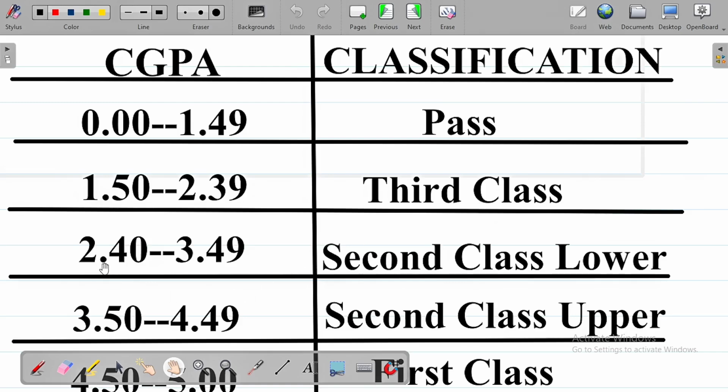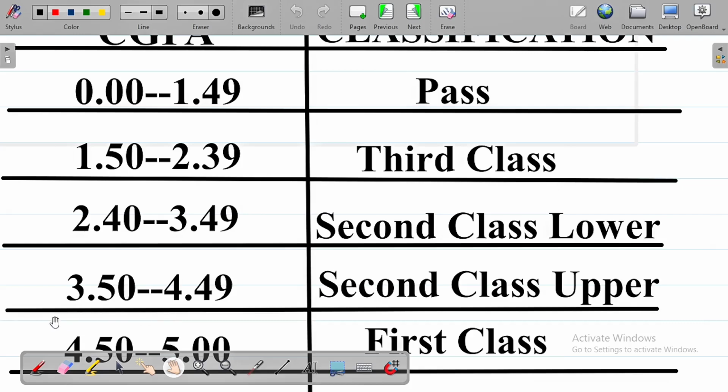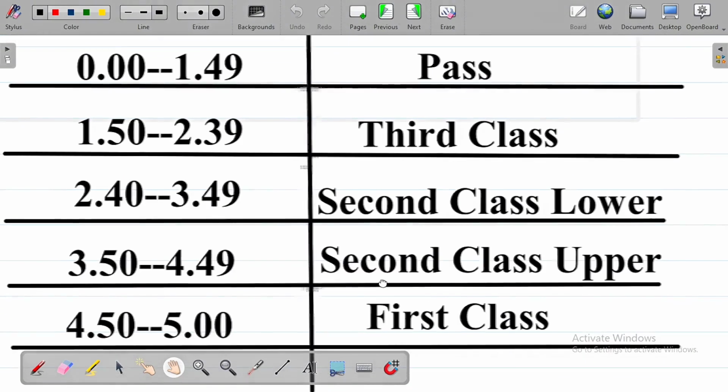If your CGPA falls within 2.40 to 3.49, you are on second class lower. If your CGPA falls within 3.50 to 4.49, you are on second class upper. And finally, if your CGPA falls within 4.50 to 5.00, you are on first class.